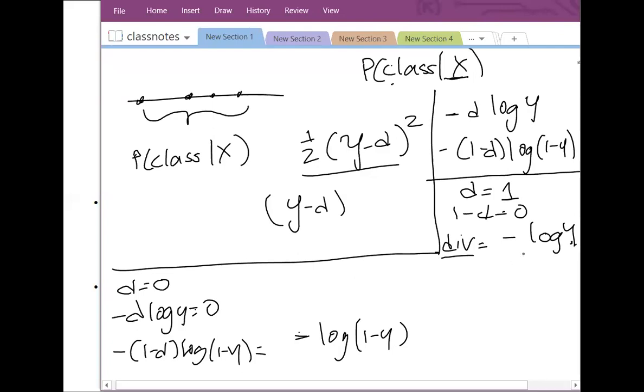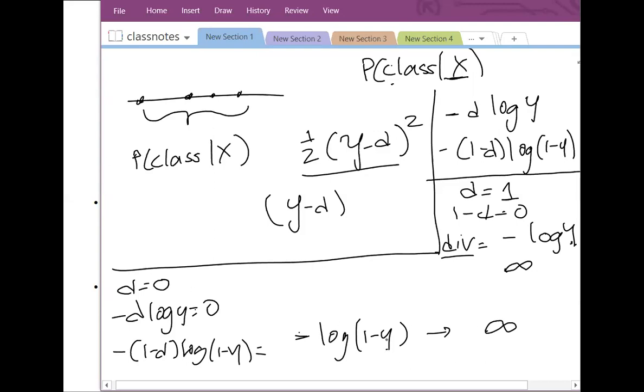Minus of minus infinity is infinity, so you're going to get infinite divergence. So this has a very nice property. Similarly, if your desired output is 0 and you output a 1, you're going to get 1 minus 1 is 0, so log of 0 is minus infinity. Minus of minus infinity is infinity. So when you make an error, the divergence is going to be infinity.